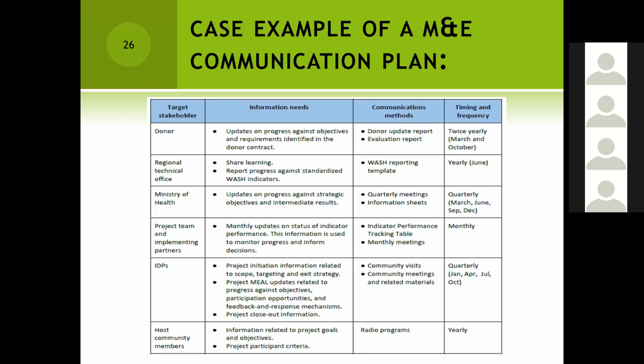You can see the information needs are clearly stipulated, the communication methods are clearly indicated, and also the timing and frequency to communicate with them are clearly indicated. So we'll share this table with you in the notes that you're going to receive about what we have presented today.